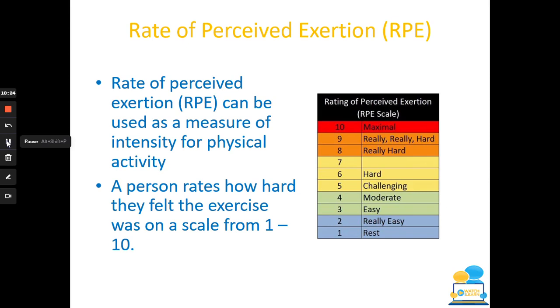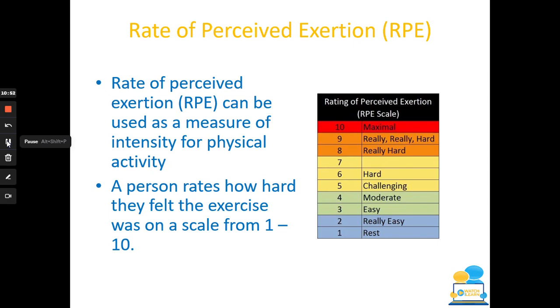Next is our rate of perceived exertion, or RPE. This is a scale from 1 to 10 that is used to determine how difficult we perceive or feel activity or exercise is. Again, this is another measure of intensity for physical activity, and during or after activity, a person rates how hard they felt the exercise was on a scale from 1 to 10.